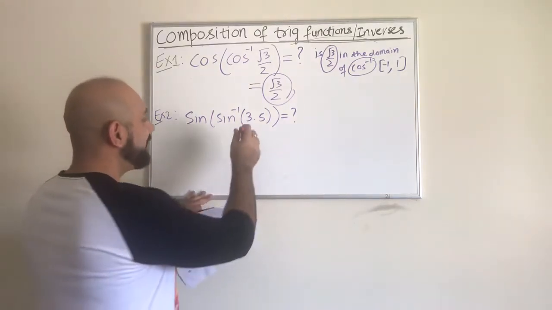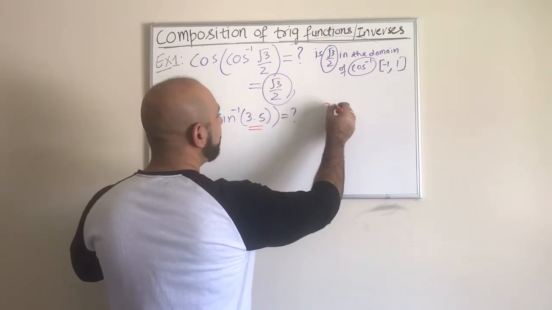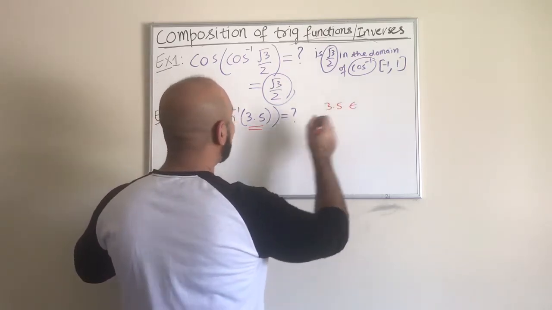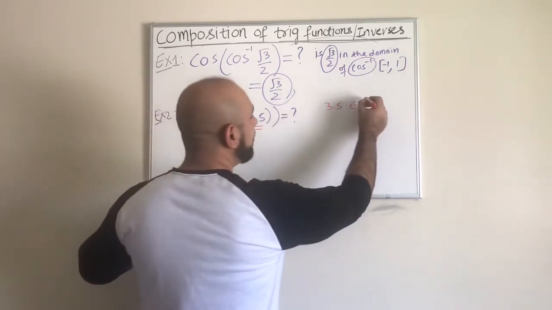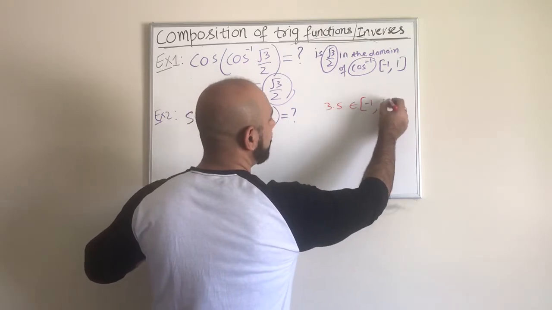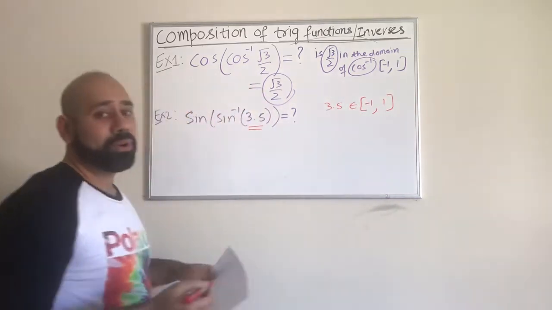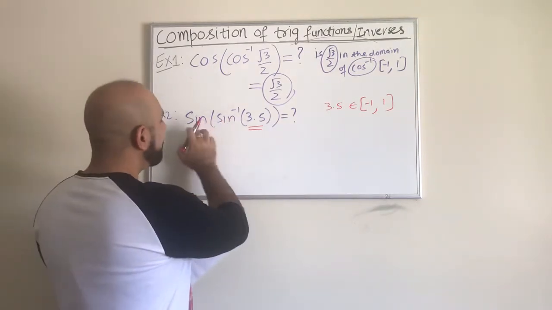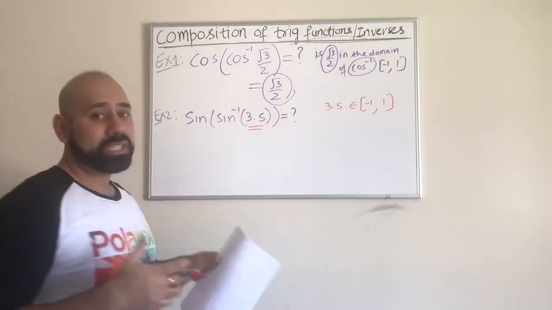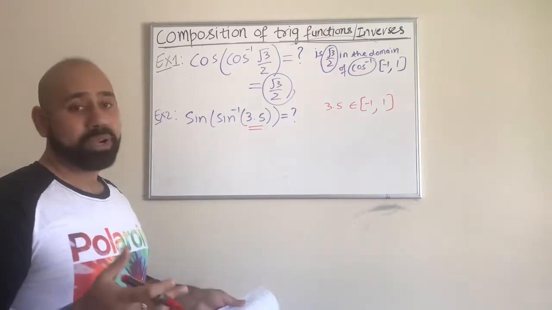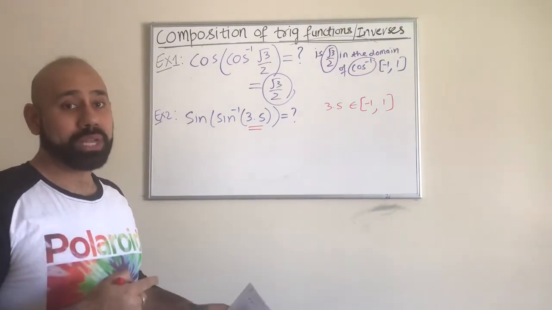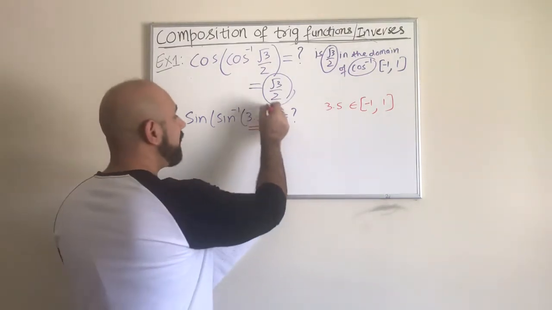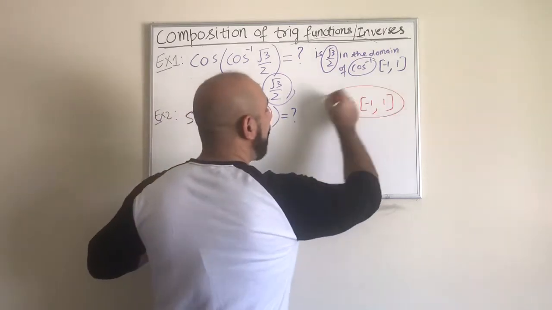But then we have to ask ourselves, does 3.5 lie in the domain of sine inverse? Again, the domain of sine inverse is between -1 and 1. 3.5 obviously does not lie in that domain. That means they will not just cancel each other out and give us 3.5 as an output. That's not going to happen here, because 3.5 does not lie in the domain of sine inverse.